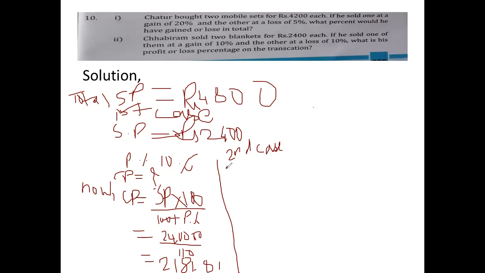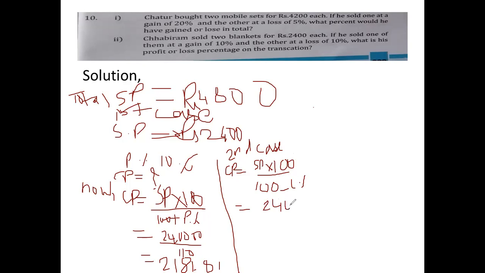Then CP equals SP into 100 by 100 minus loss percentage. Use this formula in the second case.